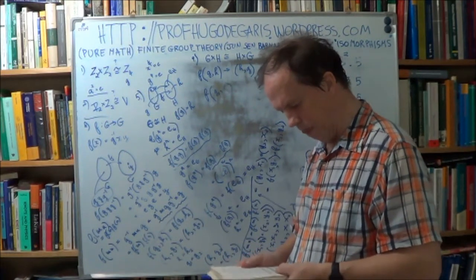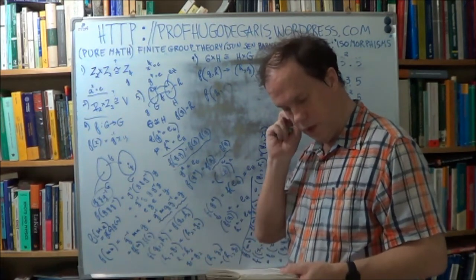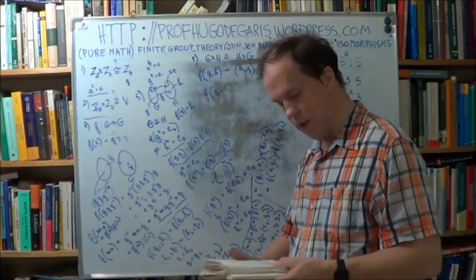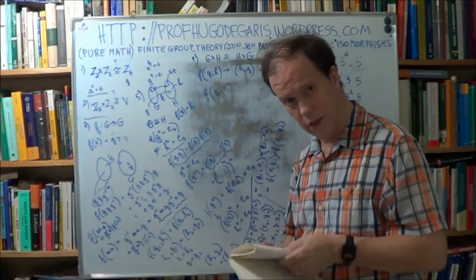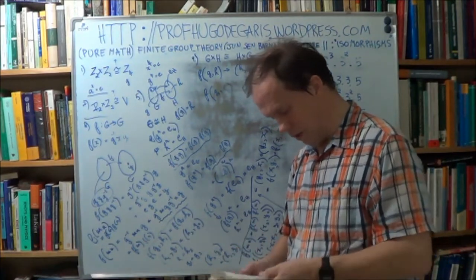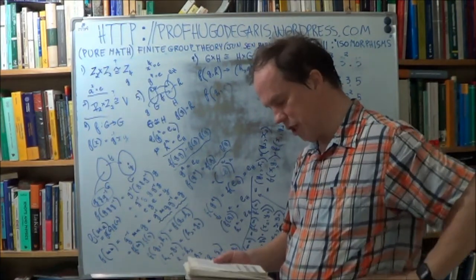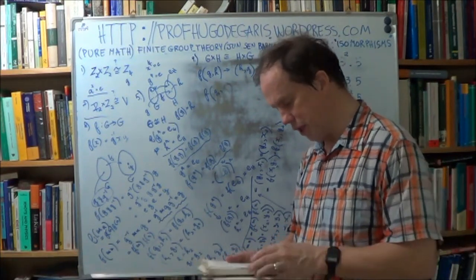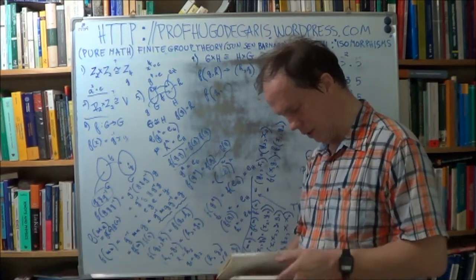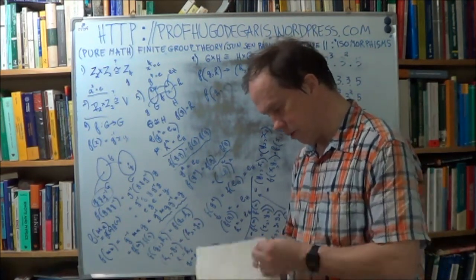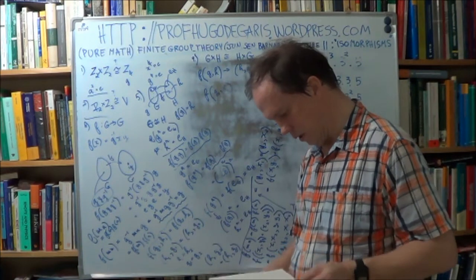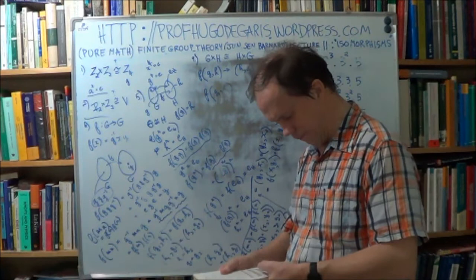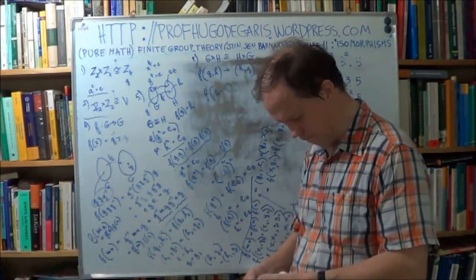Okay, 13. Prove that if G is cyclic and G and H are isomorphic, then H is cyclic. So you've got two isomorphic groups, G and H. You know that G is cyclic, so prove that H is cyclic. How do you go about doing that? All right, well, there are probably various ways. Here's one.